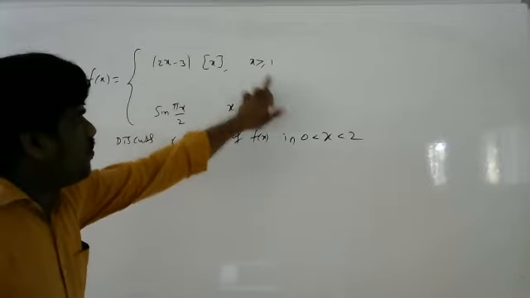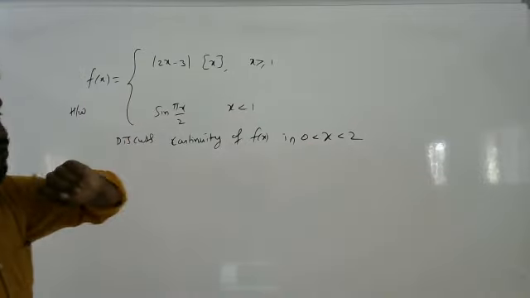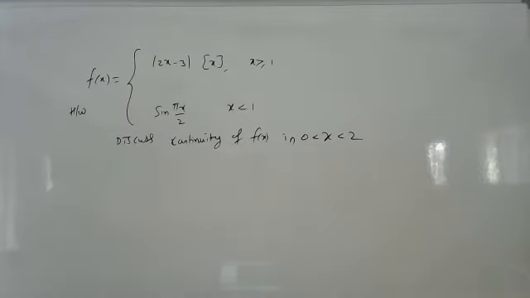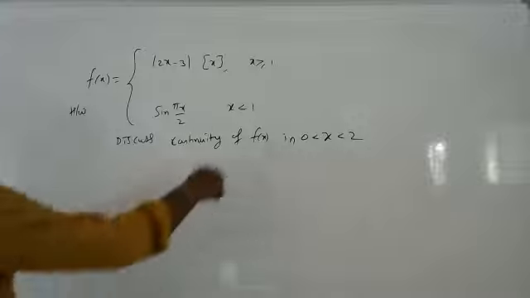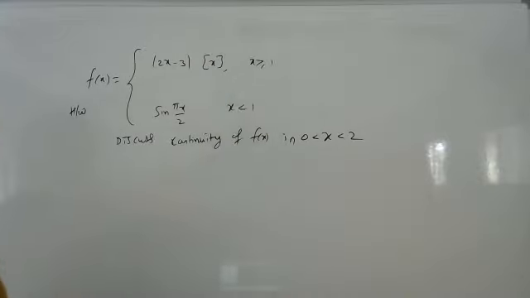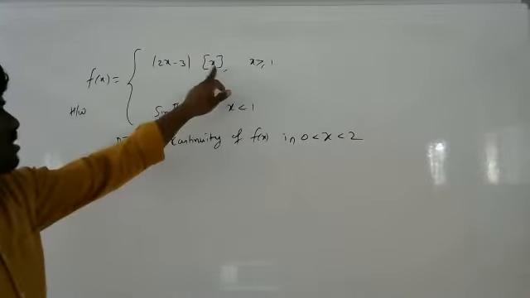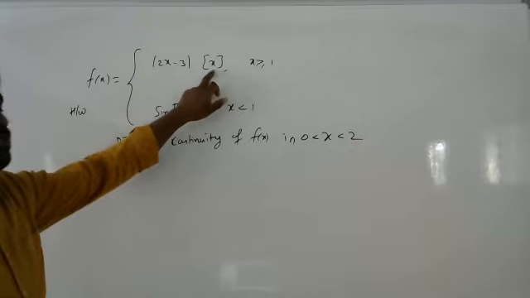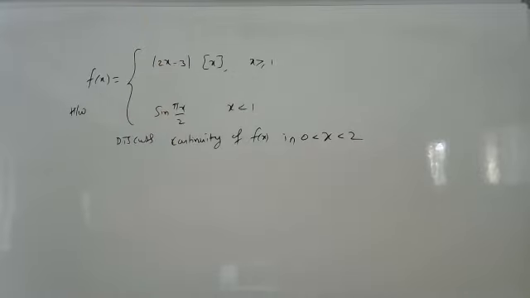So you have to check 1, 0, 2. 3 points you have to check. Because this is broken here. And you know the fractional part of x, the greatest integer x, when it becomes integer, those points you have to check. So only I think these 3 points you have to check. Right? Is it understood? You will do it or should I explain?